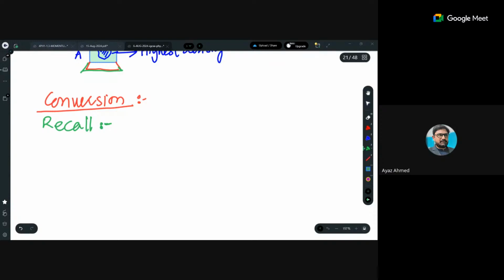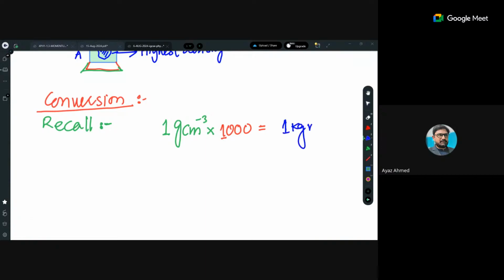In the exam, the only thing you need is that if it is asked, you can convert. That is, 1 gram per cubic centimeter will be multiplied by 1000.